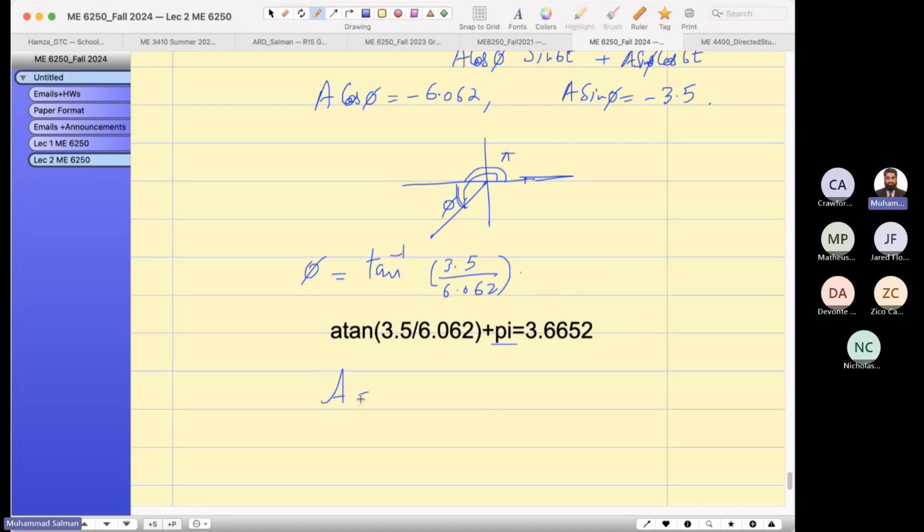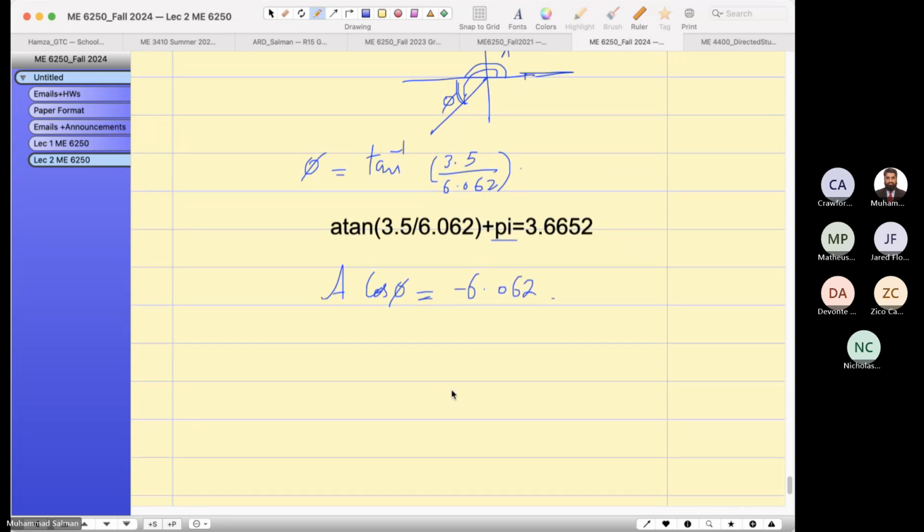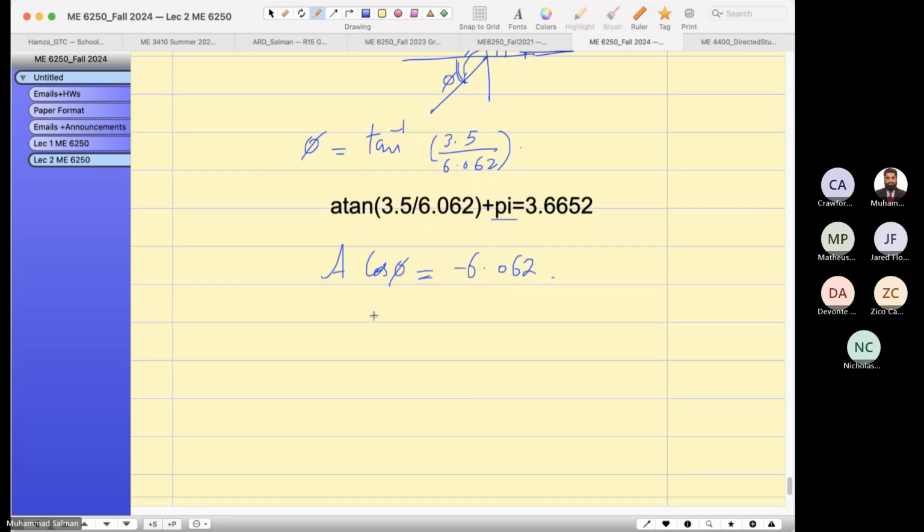What is a? If you do the math here for a, let's do one thing. A cosine phi equals negative 6.062, equal to 7.